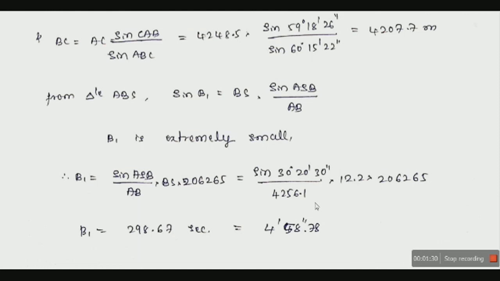Put in the respective values, you will get this much answer in terms of seconds. For converting seconds to minutes, this value is divided by 60, and we get this much value in terms of minutes and seconds.